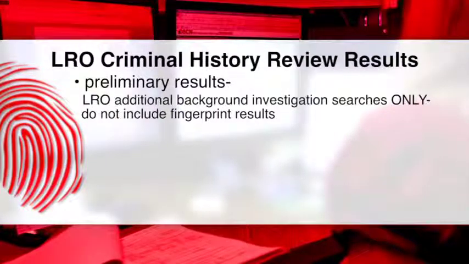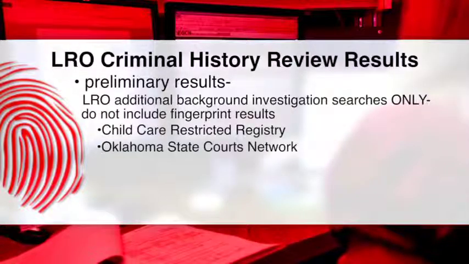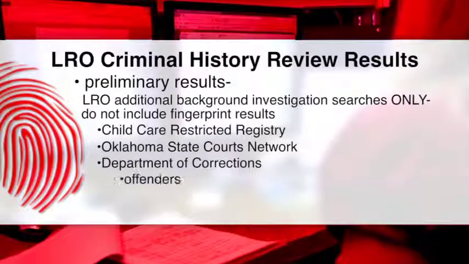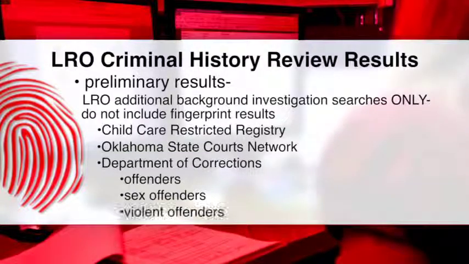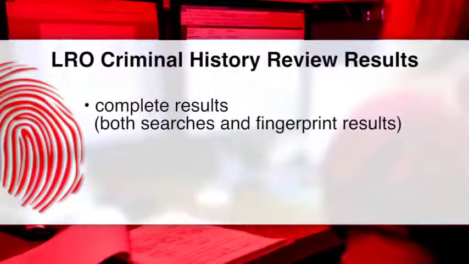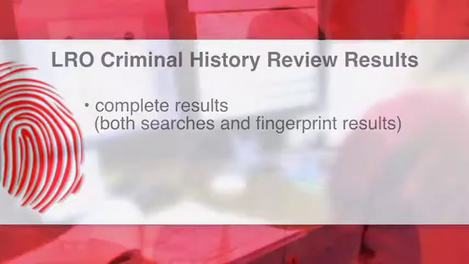These LRO searches include Child Care Restricted Registry, Oklahoma State Courts Network, and Department of Corrections, including offenders, sex offenders, and violent offenders. The second type is complete results containing both searches and fingerprint results. Programs may also receive a notification from LRO of incomplete criminal history requests.